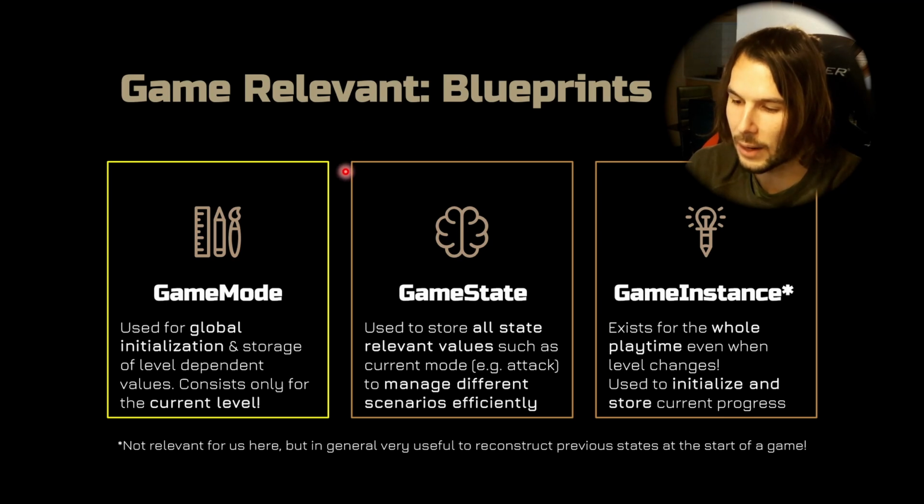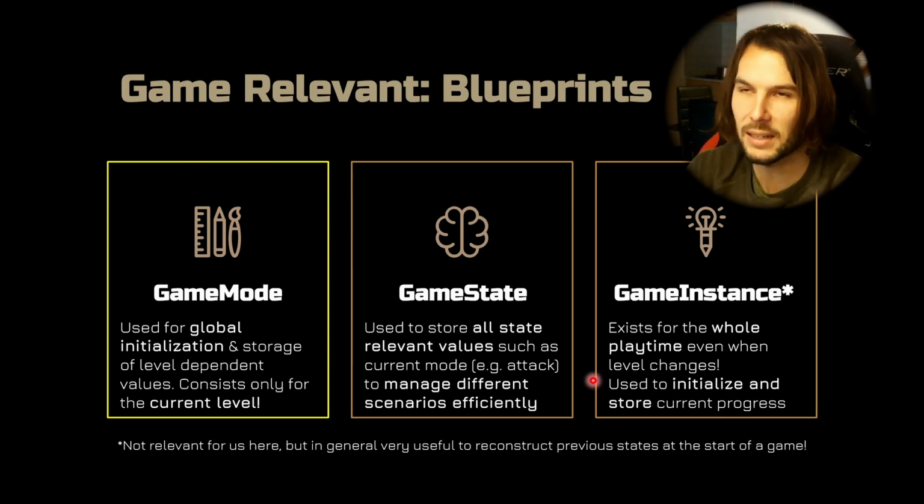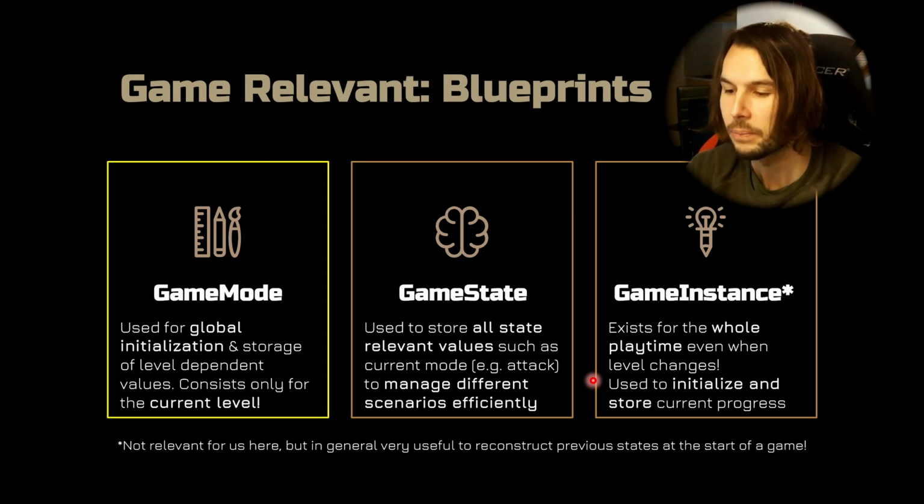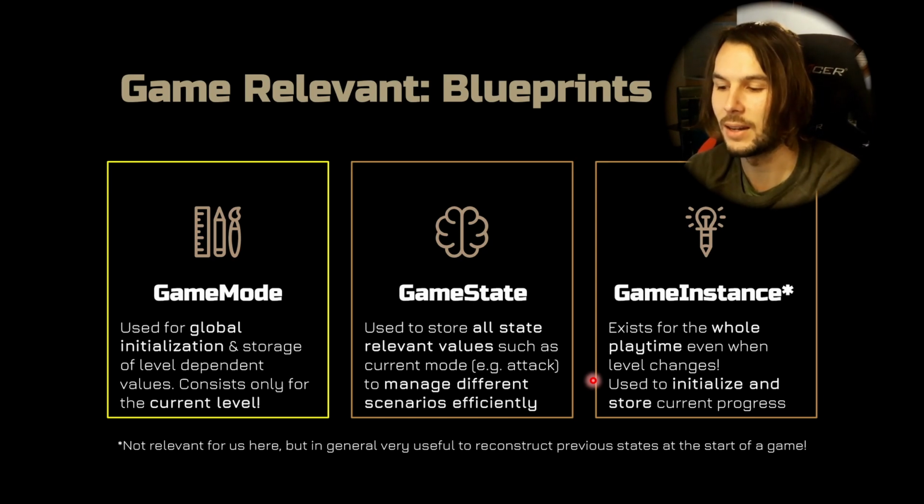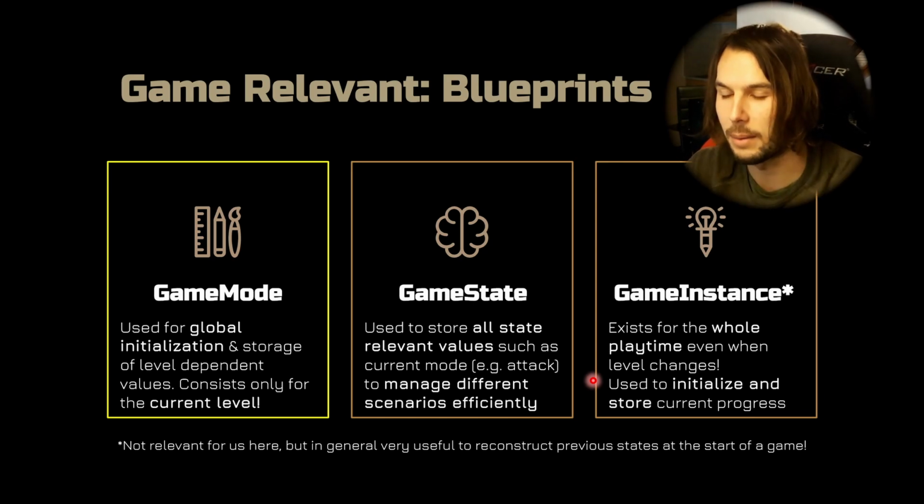Then we also have the game state in here. And the game state is a little bit tricky to explain because it doesn't have that much usage in a single player game like we will create now, but in a multiplayer game for sure. So you have to think of a multiplayer game like you have one game that has a game state. And then we have some player states. And those player states are relevant for one player, whereas the game state is relevant for the whole game itself.